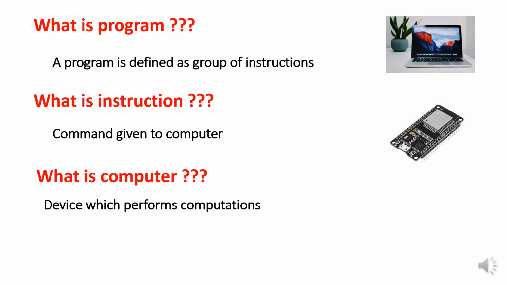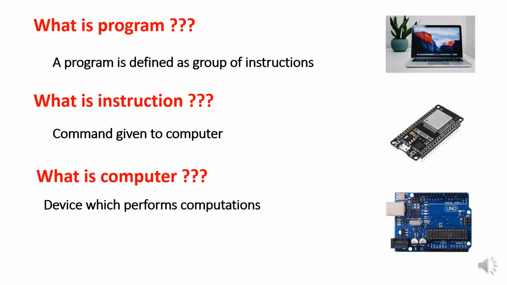Why? It has a processor, RAM, ROM, input-output devices, hence we can call it a computer. Similarly, our Arduino Uno is also a good example of a computing device or a computer. Reason? It too has a processor, RAM, ROM and input-output pins.